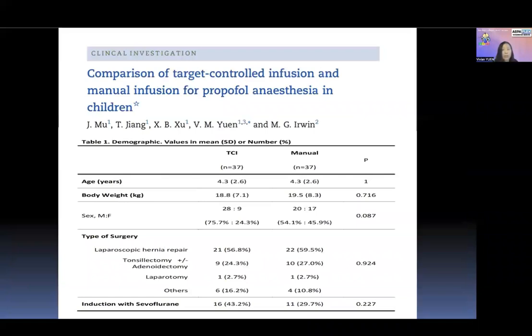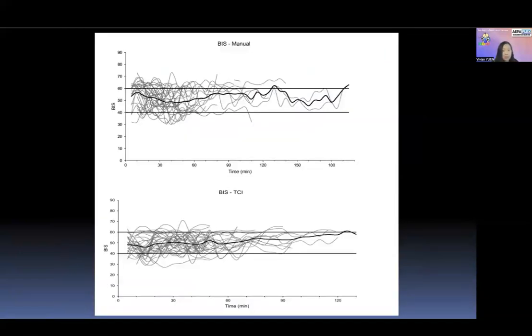If you have a target controlled infusion pump, it is a lot more intuitive to give total intravenous anesthesia through a TCI system. In this study, we have demonstrated that the use of a target controlled infusion system is associated with tighter or better control of level of anesthesia in children.